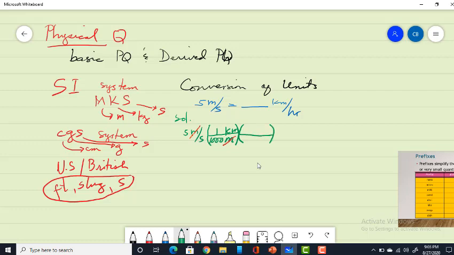Here, this should be equal to 1, so the denominator must be equal to the numerator. Write second on top because it's under, and then hour, because we want to convert the time from second to hour.